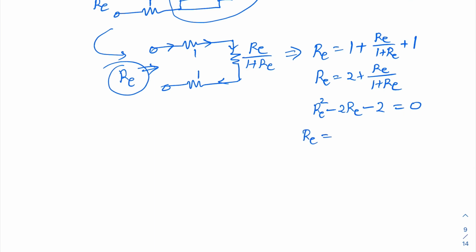Re will be equal to minus b plus minus root of b square minus 4ac by 2a. So Re is equal to 2 plus minus root of 12, means 4 into 3, so 2 root 3 by 2. So 1 plus minus root 3.